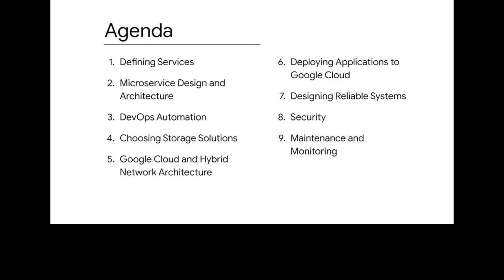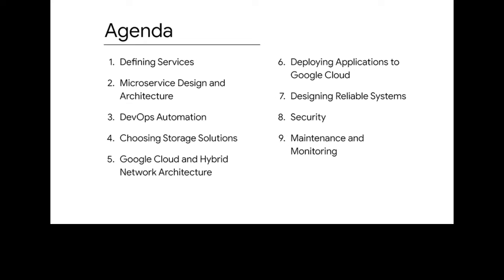And building hybrid network architecture. This is where you consider adding load balancers if your application is globally available, or an internal load balancer, or if you want to connect two different VPCs or subnets, or how to make your two VMs communicate with each other in a particular region or two different regions.